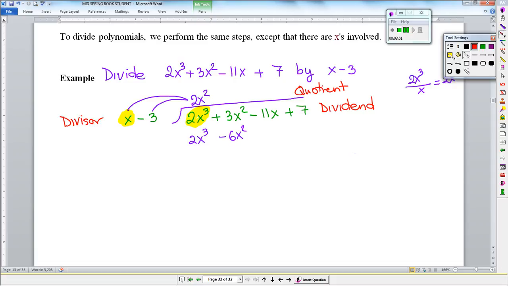At the same time, I'm going to put parentheses and the minus sign because I want to subtract. What it means is that you are going to distribute negative 1 to each one of the terms inside. If you distribute negative 1 to each term here, it becomes negative 2x to the power 3 and then plus 6x squared.